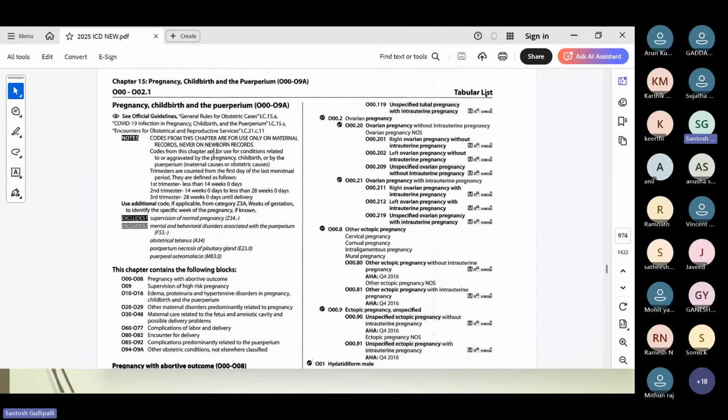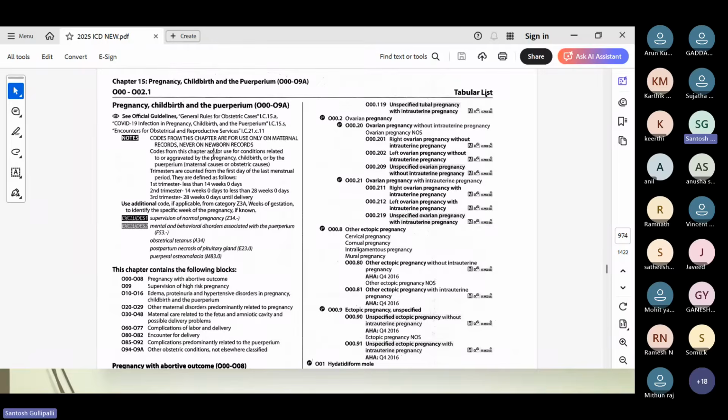Newborn means, what is the age period for a neonate or newborn? Anyone know that? 0 to 28 days.